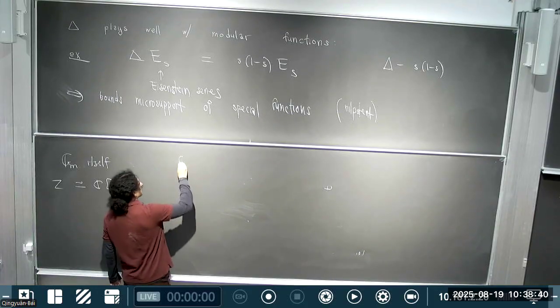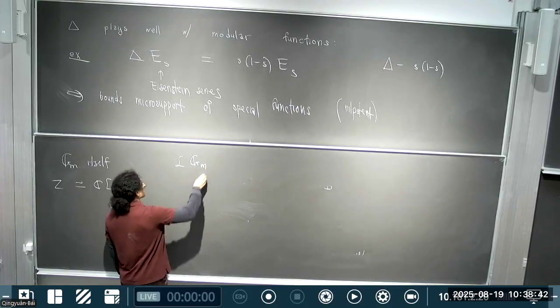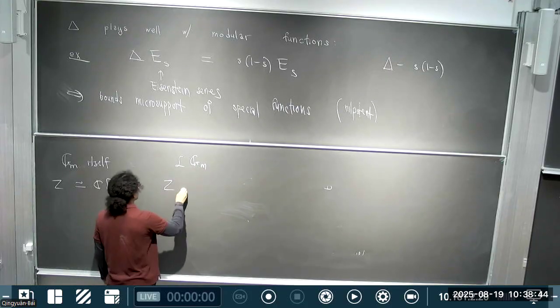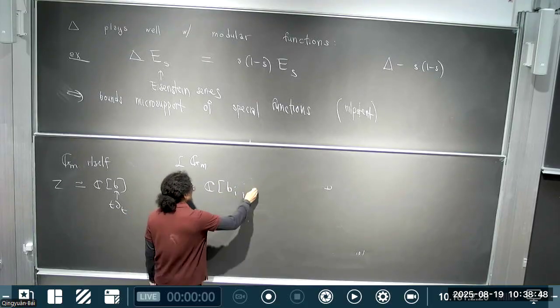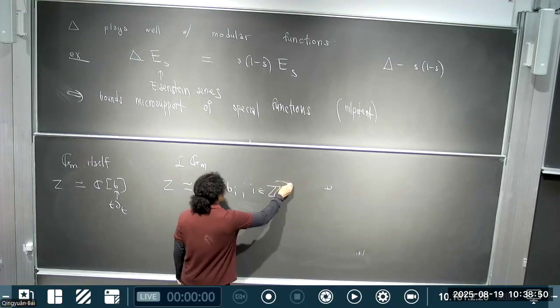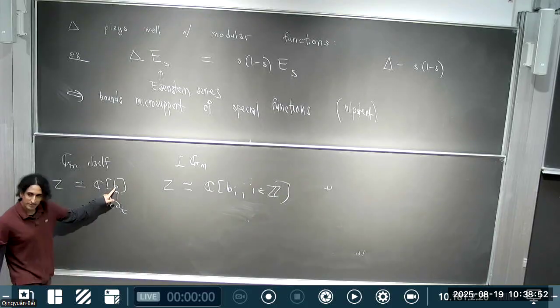When you take its loop space, now for every integer we have an element in the center.